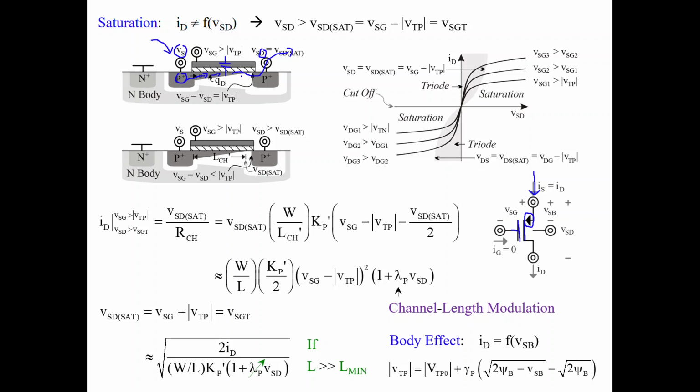This P-channel MOSFET is on top of an N-type body, and the N-type body here has also a connection, and it's on the opposite side of the channel. It's a capacitor on the opposite side. So we have a terminal here on the opposite side of the gate, and that's the body terminal. So here we have the source, the drain, gate, and the body terminal of the device.